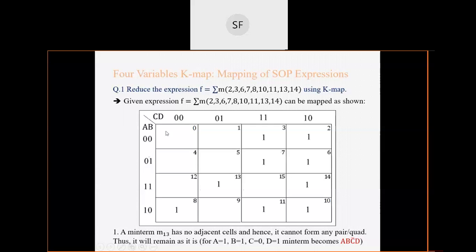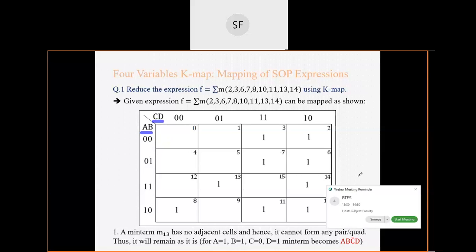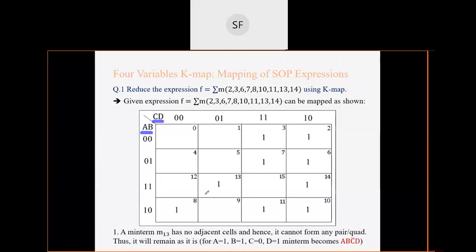So for that, again you have to draw a 4 variable K map here. Just now we have seen the physical structure for 4 variable K map. AB will be here, CD will be here. The values associated with AB, you can observe 0 0, 0 1, 1 1 and 1 0. Similarly, values associated with CD will be 0 0, 0 1, 1 1 and 1 0.